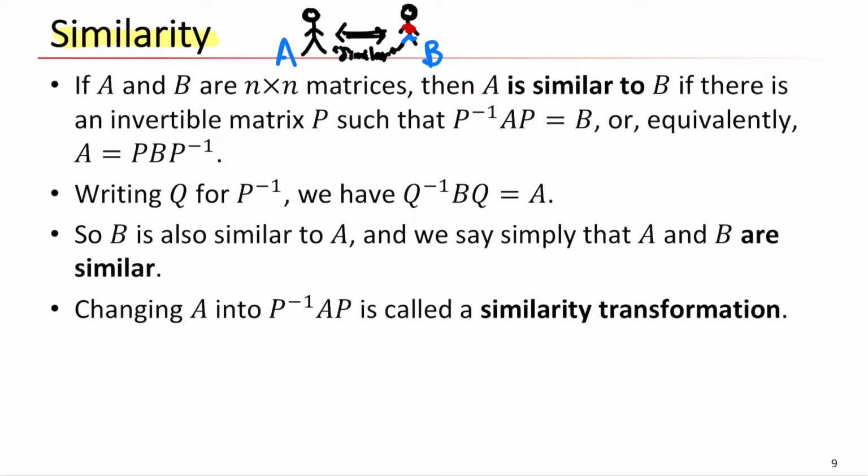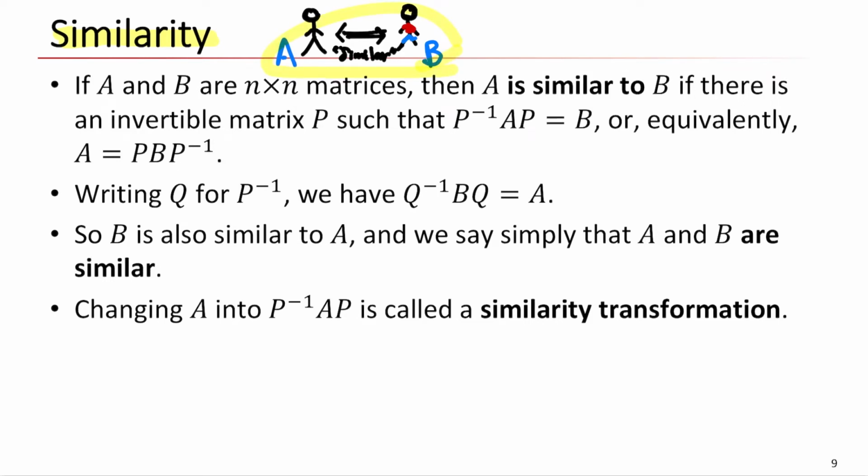So in conclusion first, let me say again: if matrix A and matrix B are similar, then the eigenvalues and eigenvectors of matrix A are the same as those of matrix B, even though the two matrices are different, right? So that's why we study the concept of similarity.